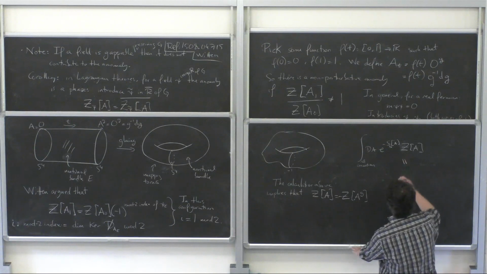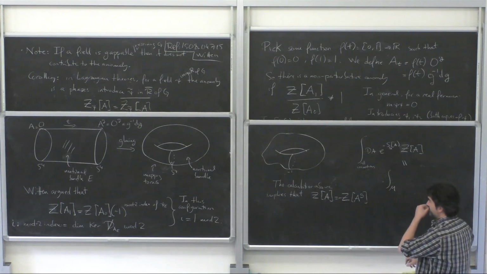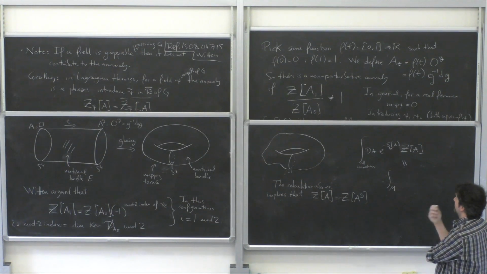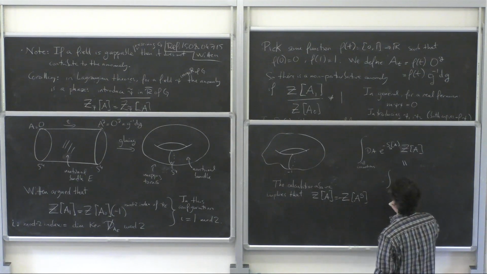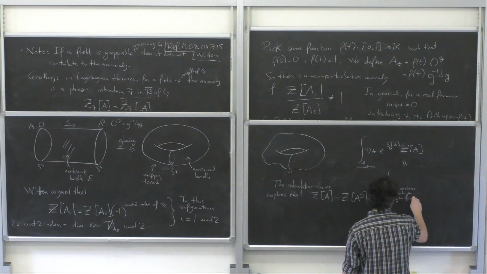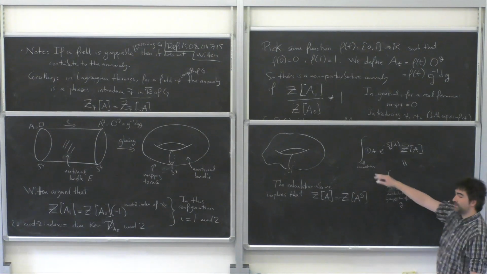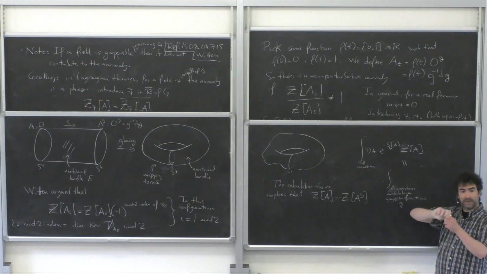So I can write the path integral of my theory as an integral over M. Well, maybe let me write it a bit differently. Integral over all connections, modulo large gauge transformations, G. So I start with this set of all connections, and then every connection will have a twin, which is the large gauge transform of that connection.